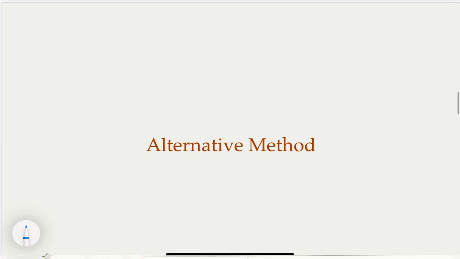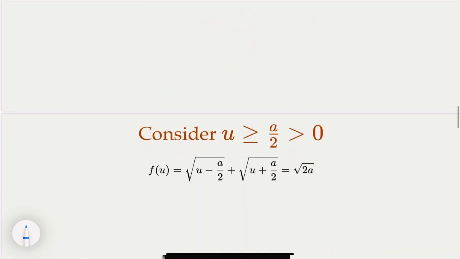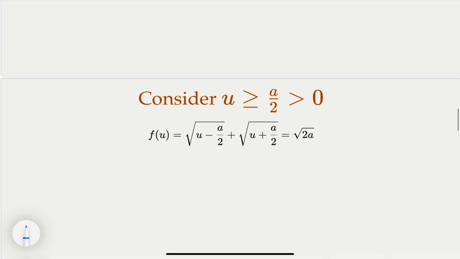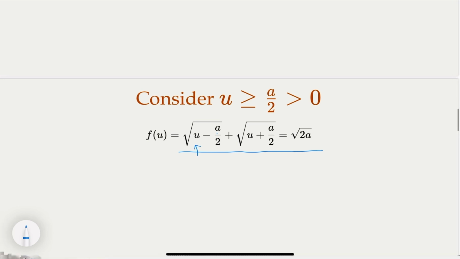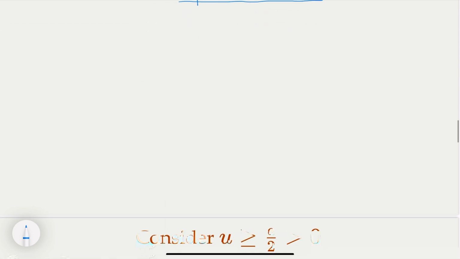What you do here is you just start from this equation, and since we're trying to solve for u, and a is a constant, every term has a, so it's good to have another substitution, u equals ta, so that we can get rid of the a.